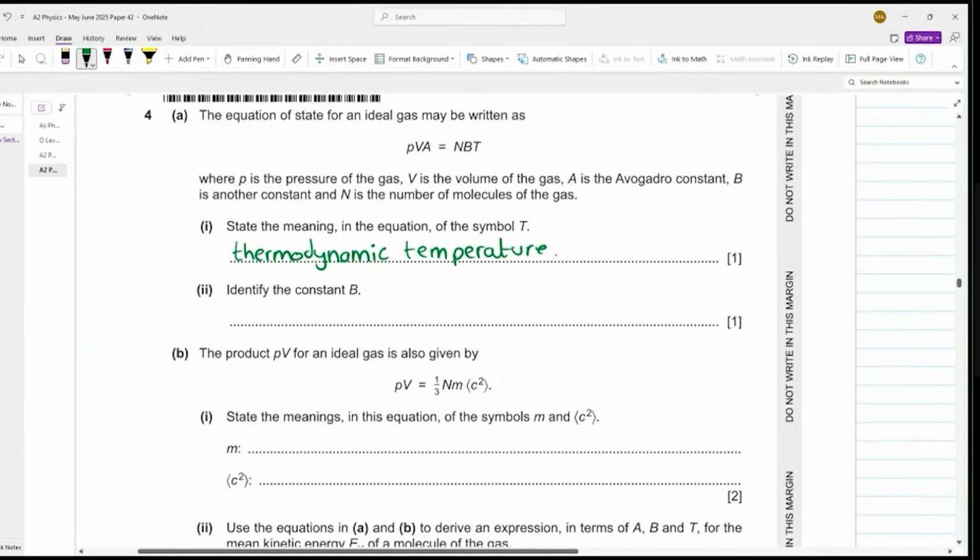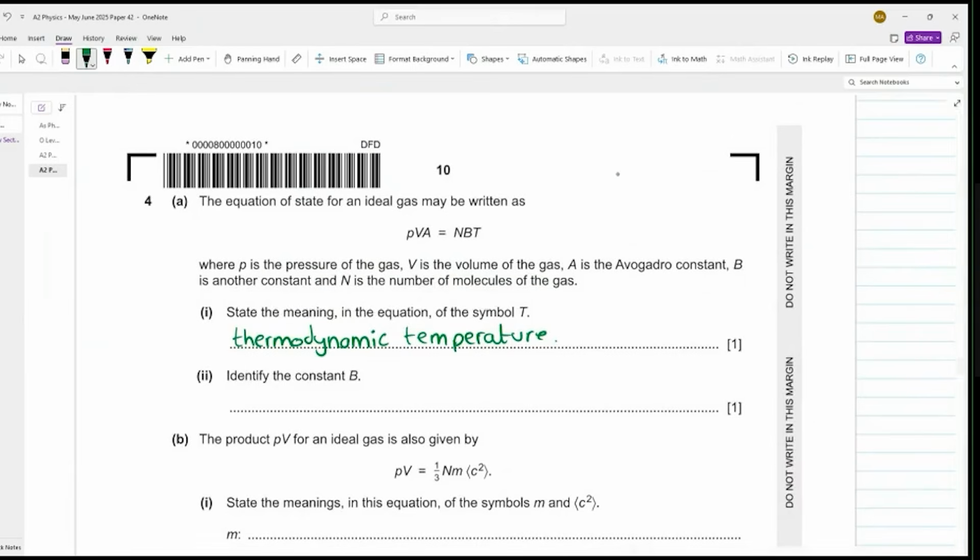How can you tell the value of B? Do you remember this formula? PV is equals to NkT. How can you substitute k? k किसके equal होता है? Boltzmann constant. Molar gas constant divided by the Avogadro's constant, NA. PV is equals to N R divided by NA into T. Bring this to the left side.